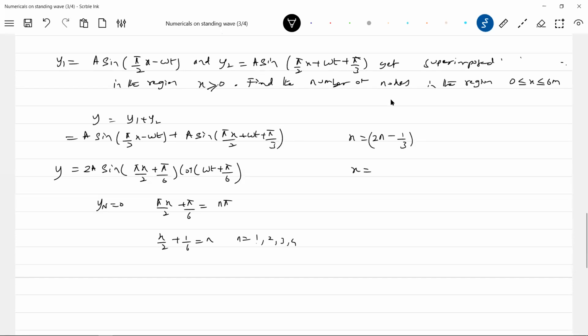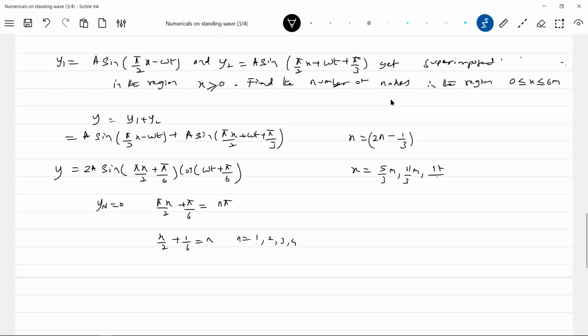So where are the nodes located? Put n equal to 1. Now 1 should not happen, no? X greater than, then put n equal to 2. So 5 by 3, 11 by 3 meter it will be.